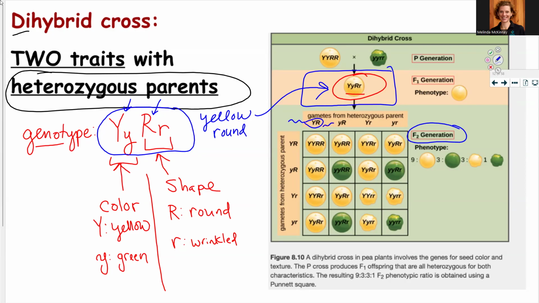So in each of the sperm, right, you're going to be carrying an allele that codes for color and an allele that codes for shape. So we've got two listed at the top instead of one, as we did in the monohybrid cross. Okay. And then we have the same thing for the eggs over here on the other side.